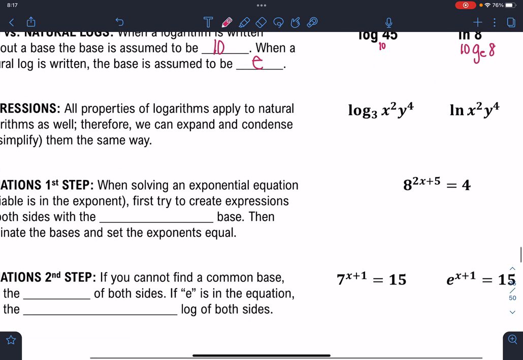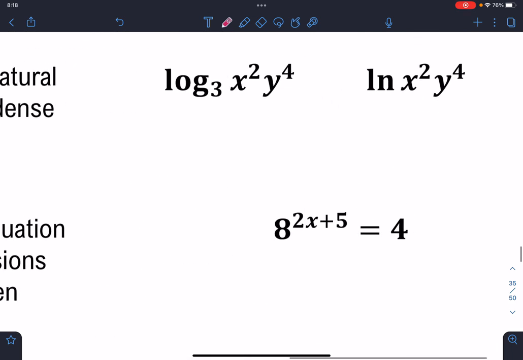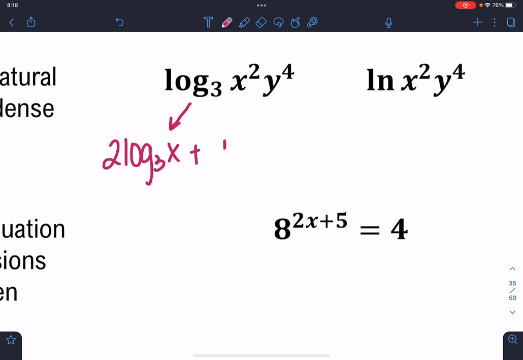Okay, so expressions. If I have an expression like this and I wanted to maybe expand it out, both the log and the natural log would expand out the same way. So this would expand to 2 log base 3 x plus 4 log base 3 y.